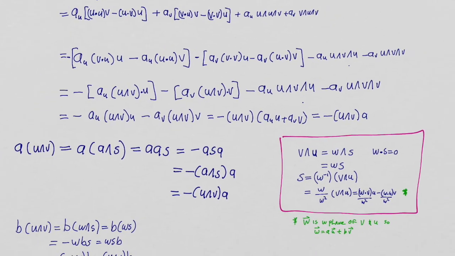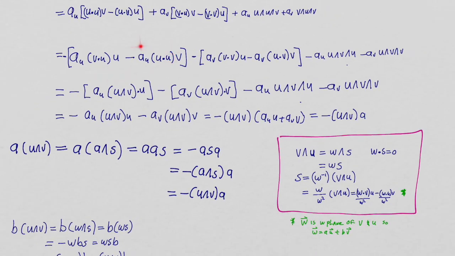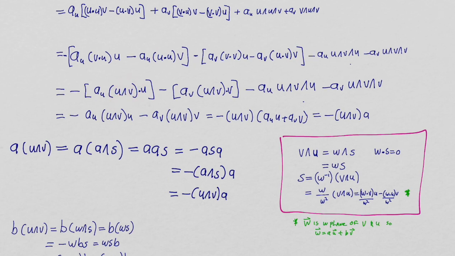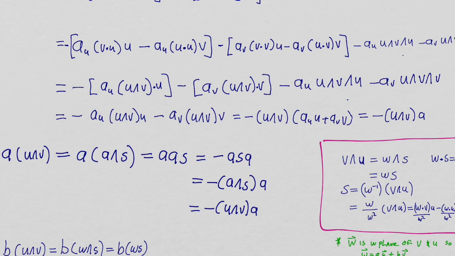And then by doing that, after that commutation and by pulling out that sign, this here is actually the contraction of the geometric product of u wedge v and u. That's the contraction part of that geometric product. And this is the contraction part of u wedge v with the geometric product of v. So we're kind of doing the reverse.